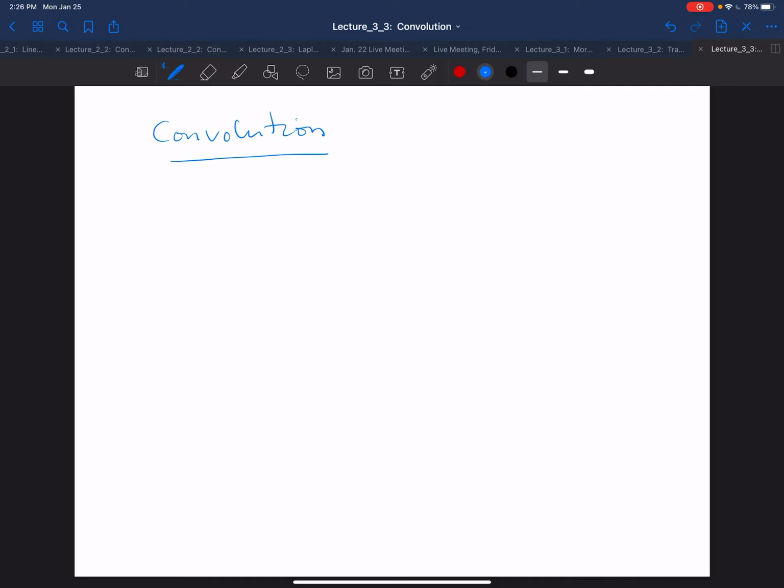You've already seen examples of this. For instance, in assignment 1, there's an example of convolution in a discrete time setting.